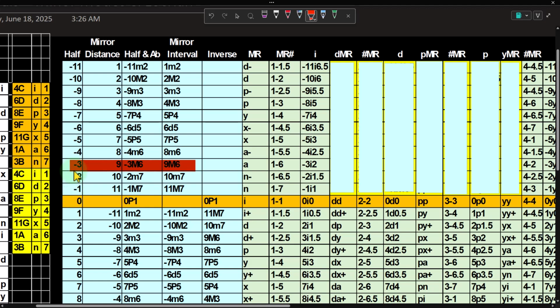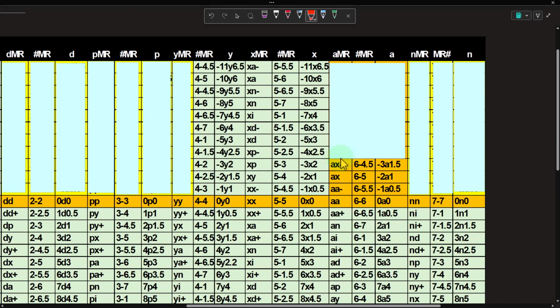So if I go back 3, that would be 12 minus 3 forward 9. So 9 would be a major 6. Major 6 could be 9 forward or 3 backwards, but I'd rather say it's an A negative modal range, which is a 6 to a 4.5 modal range, which would be counterclockwise 3 steps from the Aeolian node, negative 1.5 modal half steps backwards, which would be negative 2.5 scale degrees if there were such things as negative scale degrees.